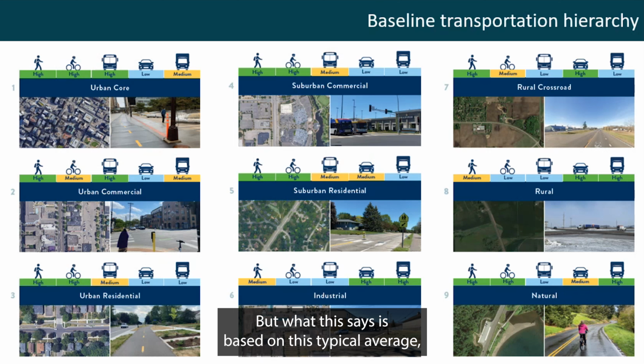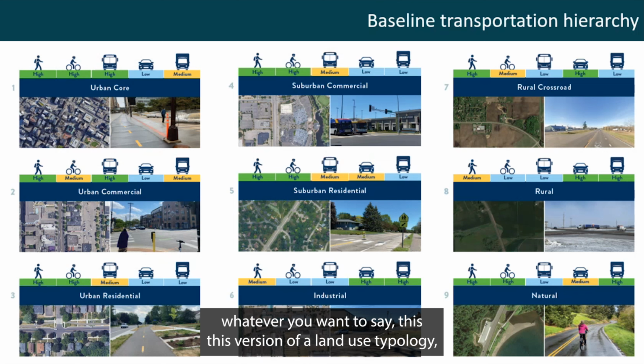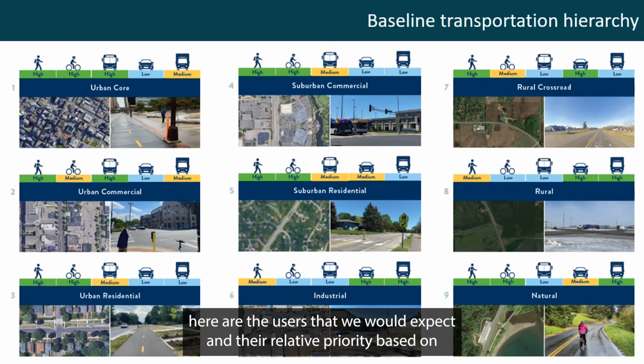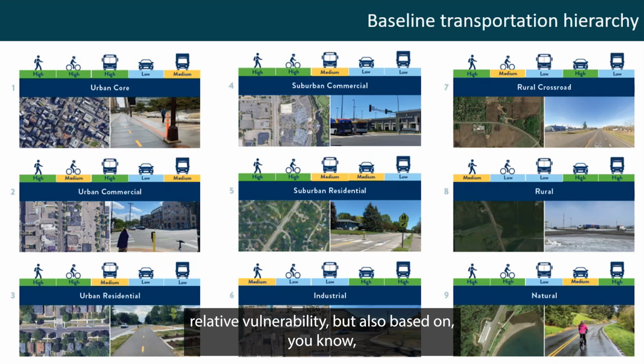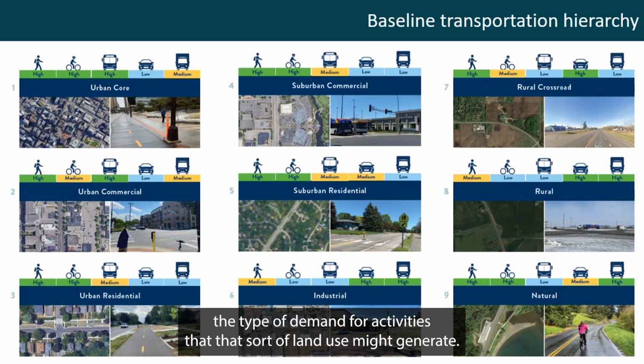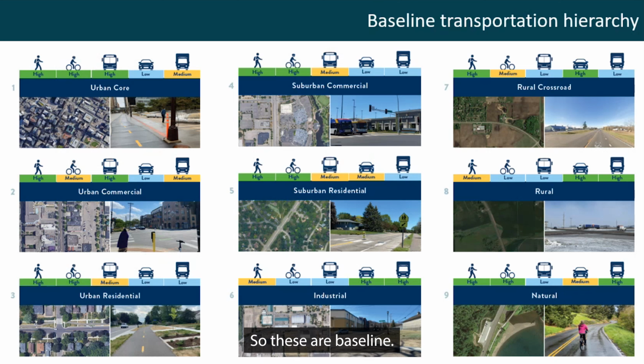Based on this typical, average version of a land use typology, here are the users that we would expect and their relative priority, based on relative vulnerability but also on the type of demand for activities that land use might generate. So these are baseline, and it's kind of a big deal.